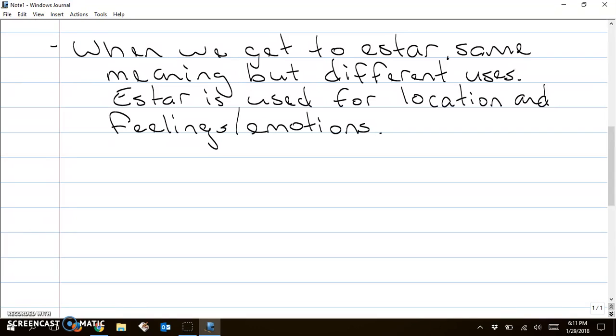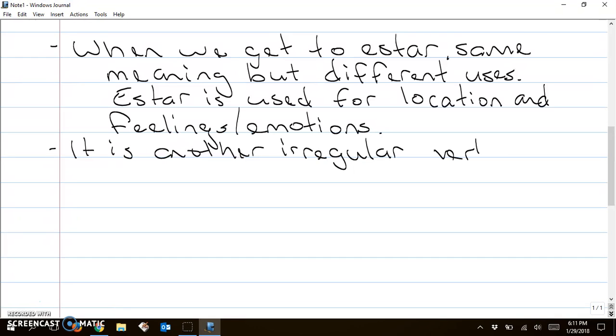So, it is another irregular verb, which means it doesn't follow the exact pattern, but this one at least is close to a regular AR verb.